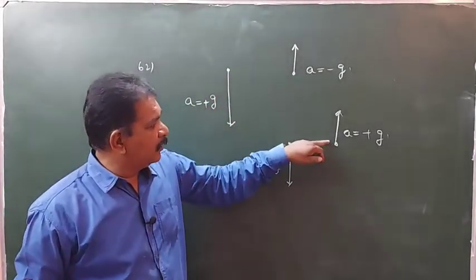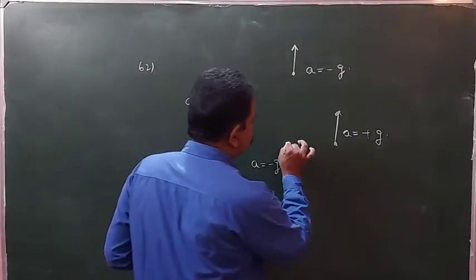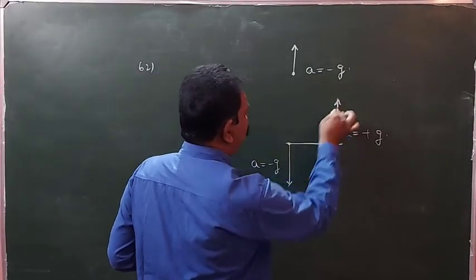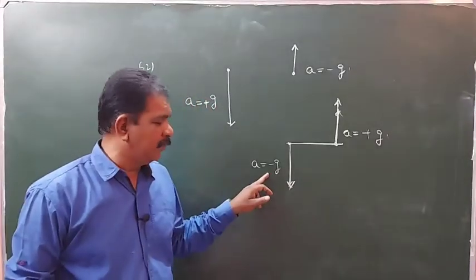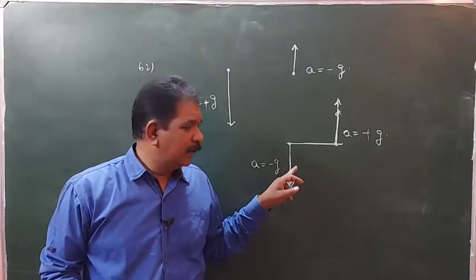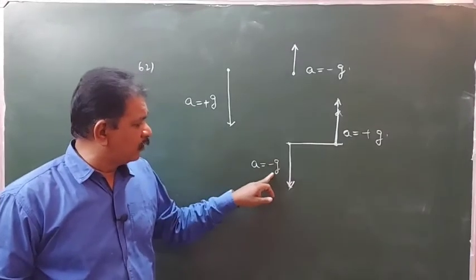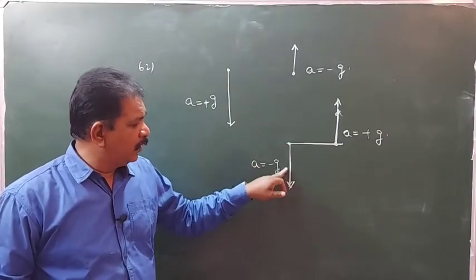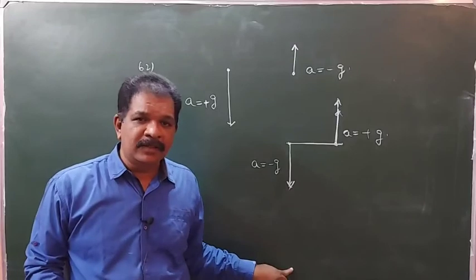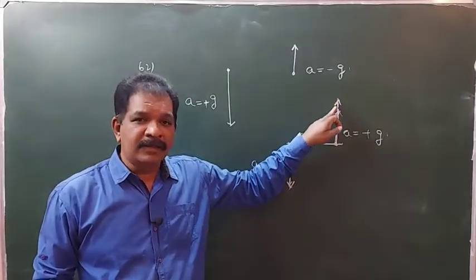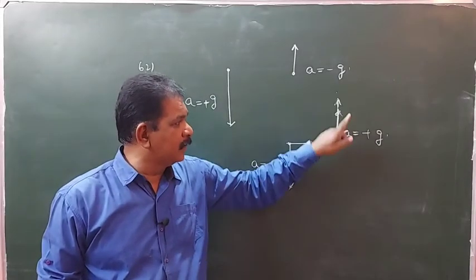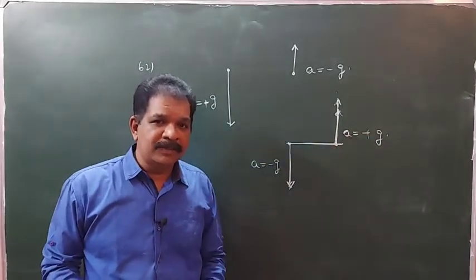They take this as the origin, above is positive, below the origin is negative, like that we will consider. It does not mean a is equal to minus g means the freely falling body's velocity is gradually decreasing. It does not mean velocity is gradually increasing when a is plus g.